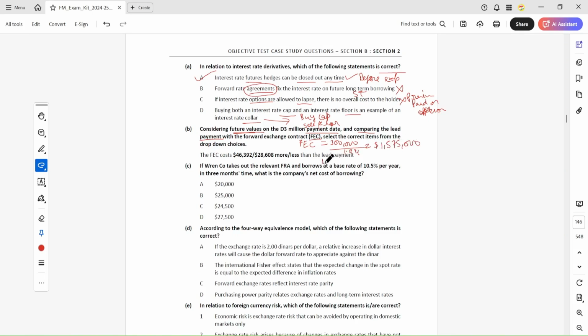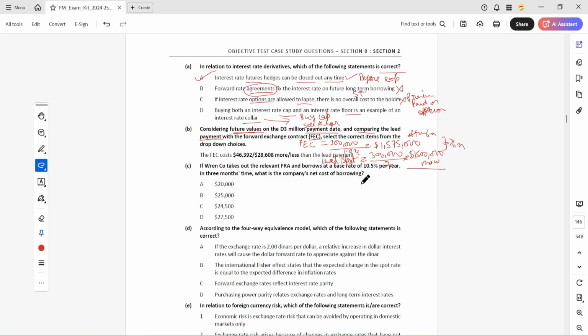But as per lead or spot payment, right now we will pay 1,500,000. So we are paying this now, and the other after 6 months. There is a 6 month difference that is not comparable.